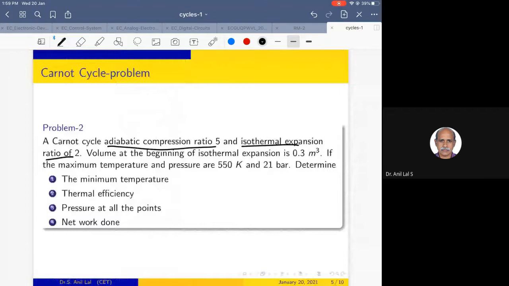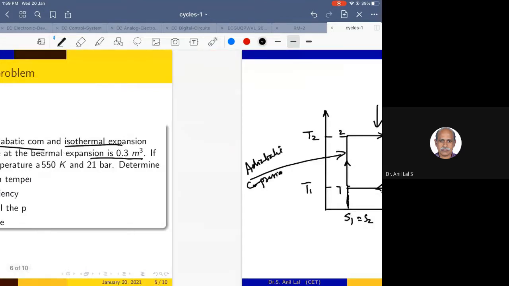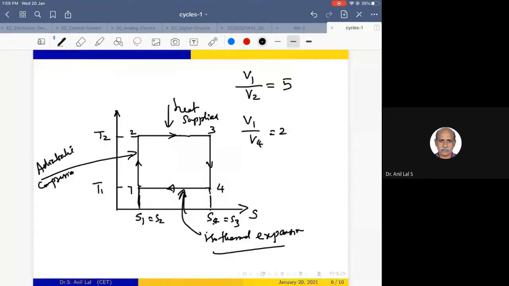The volume at the beginning of the isothermal expansion is 0.3 meter cube. Where is the isothermal expansion? It is this one. Volume before means V4. V4 is equal to 0.3 meter cube. So you can get V1 from this ratio.